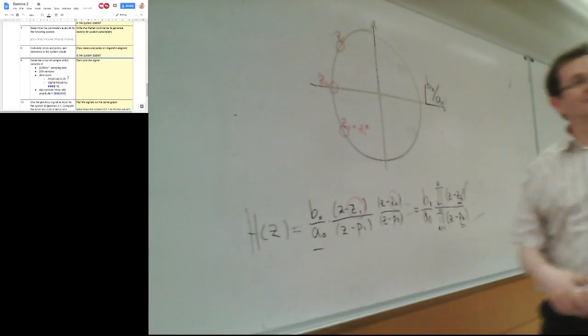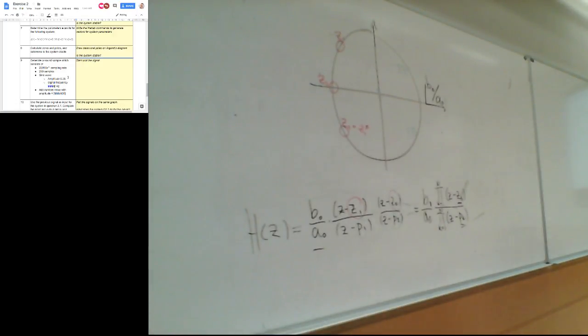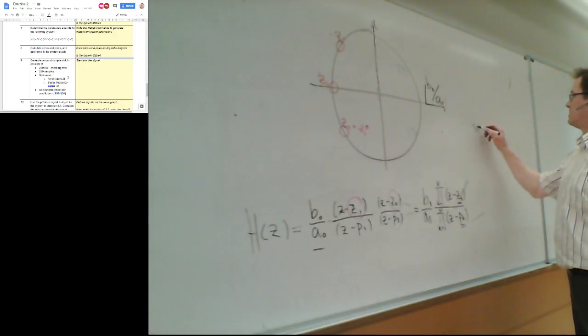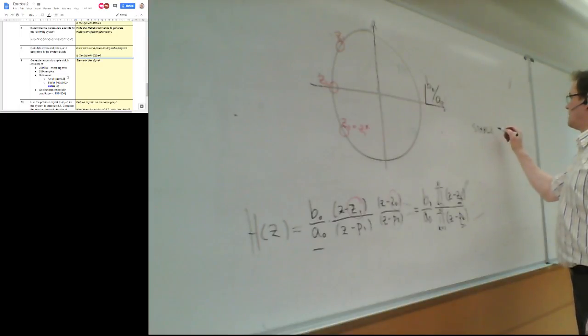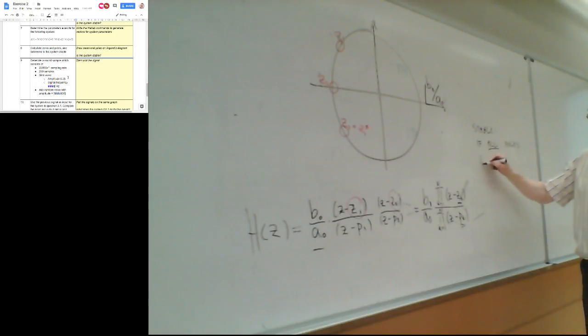And now I can tell you something about the stability. Bounded input, bounded output stability. So a system is stable if all poles are inside of the unit circle.